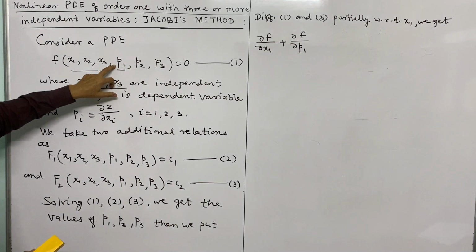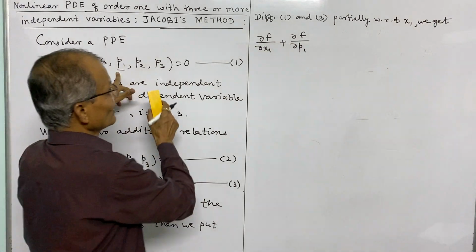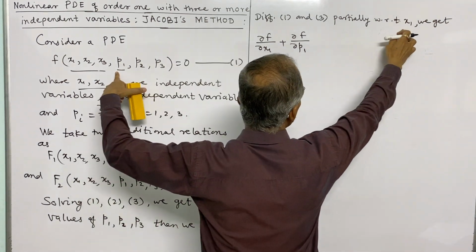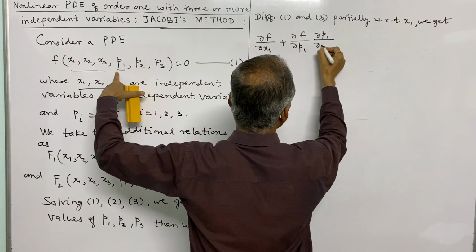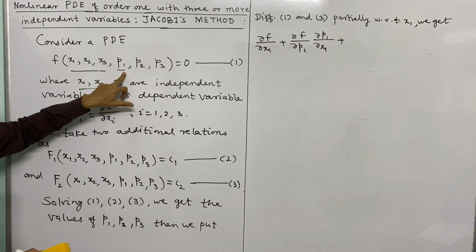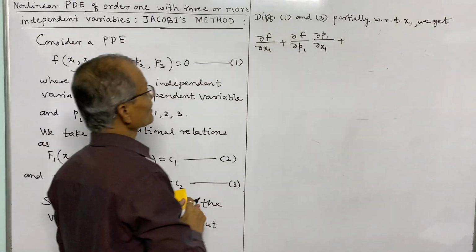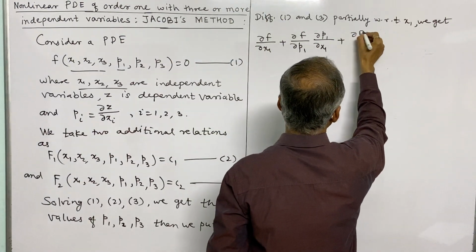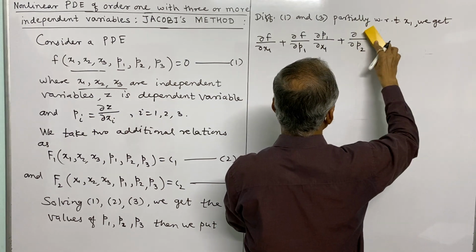So we have to consider the partial derivative of f with respect to p1 times, since we are differentiating with respect to x1, the partial derivative of p1 with respect to x1. So this much is the derivative corresponding to the variable p1. Similarly, next the partial derivative of f with respect to p2. This is small f.